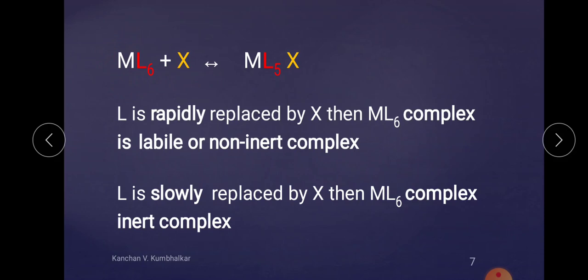So these are the two terms used in the sense of kinetic stability. The final statement: when in a complex the replacement of ligand takes place rapidly, it is known as a labile or non-inert complex, and those complexes in which substitution occurs very slowly or sometimes not at all are called inert complexes.